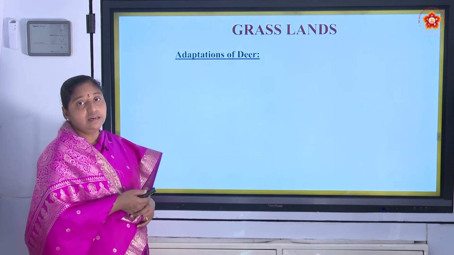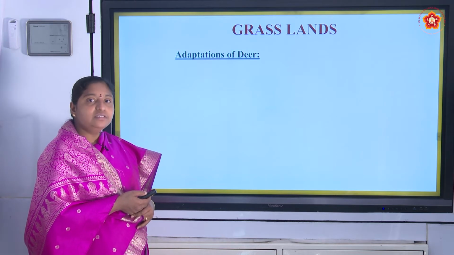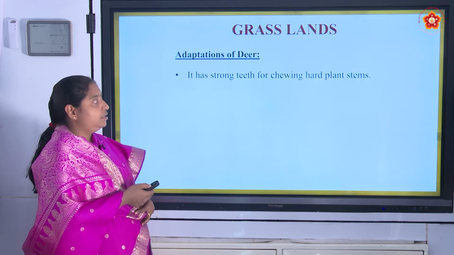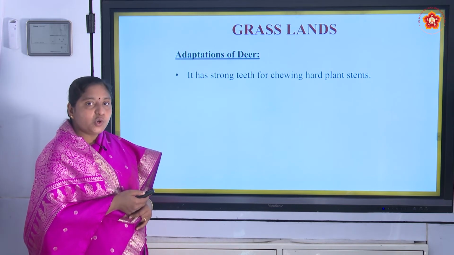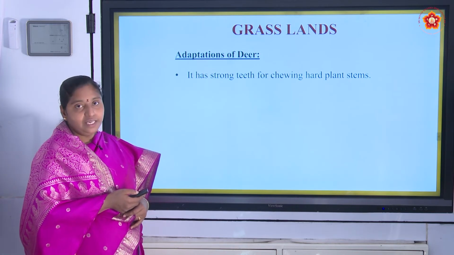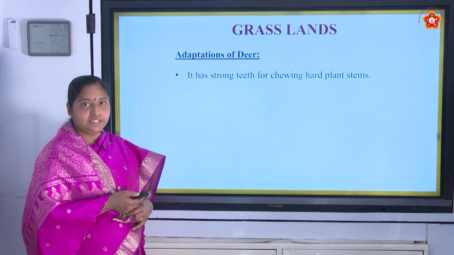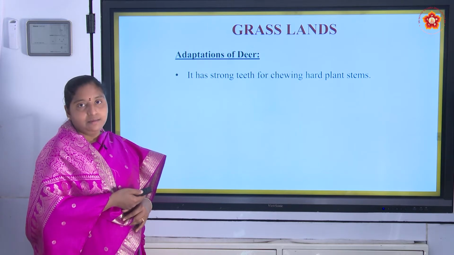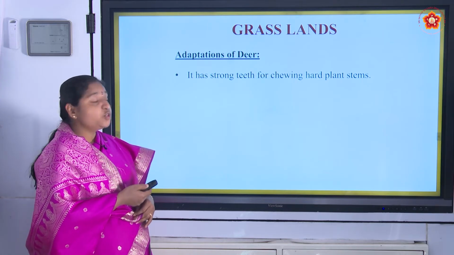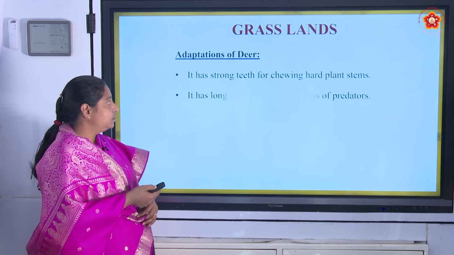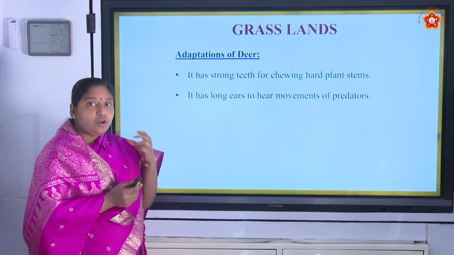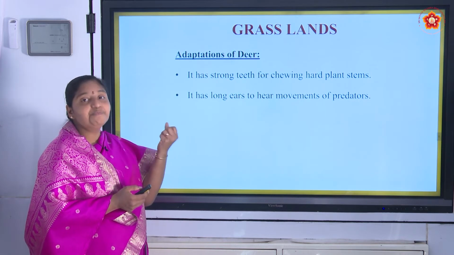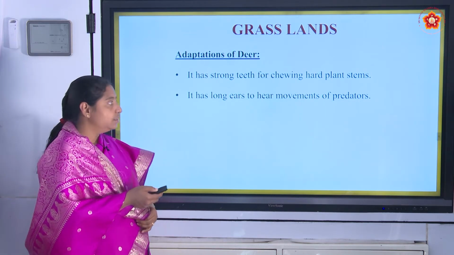Next, we will see adaptations of deer. It has strong teeth for chewing hard plant stems. As deer is a herbivore, its main food is plants. So, it has strong teeth. It has long ears to hear the movements of predators.